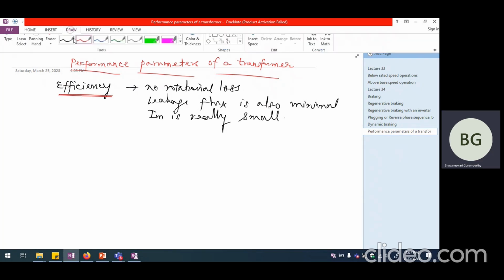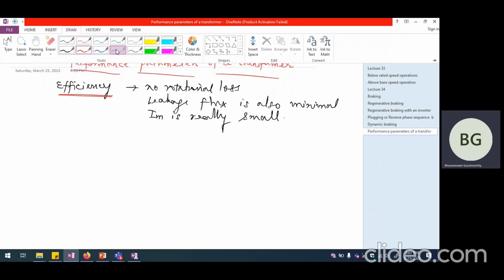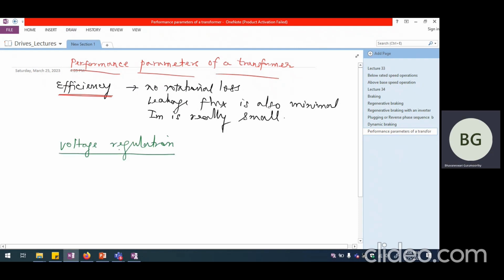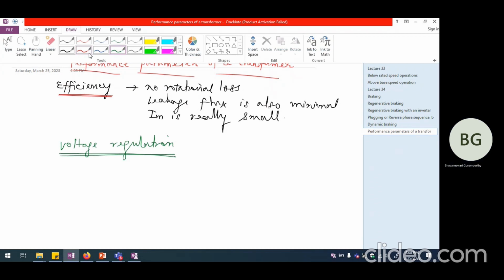The second performance parameter that we are going to discuss is voltage regulation. Voltage regulation actually refers to how constant the output voltage is.